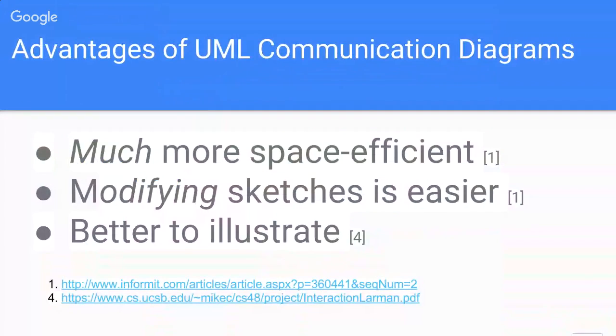With UML communication diagrams, there are also pluses and minuses. Some positives are, when applying UML as a sketch, they're much more space efficient because they can be put anywhere on the page, horizontally, vertically, however you want to do it.